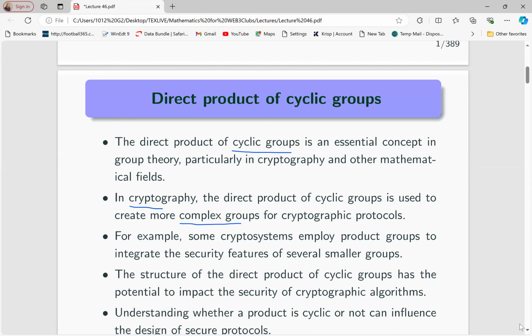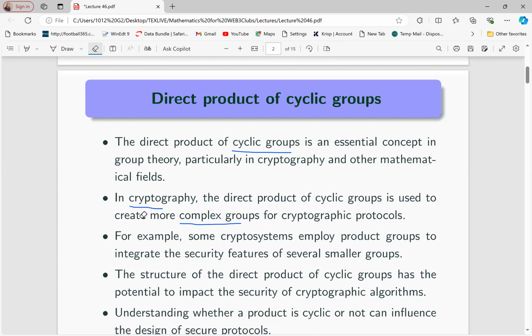So instead of just going for one group like Zn, you want to complicate that and have a direct product of two groups so that your cryptographic system is secure. So that is one way of ensuring that it's secure.